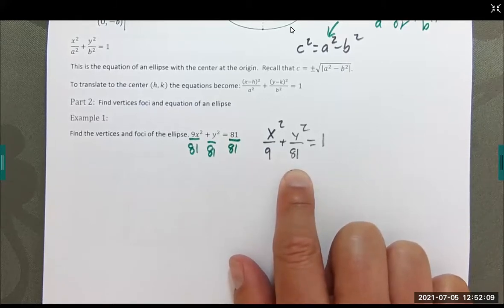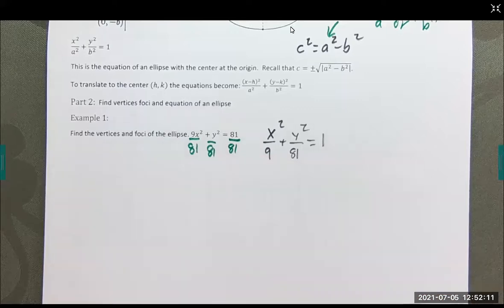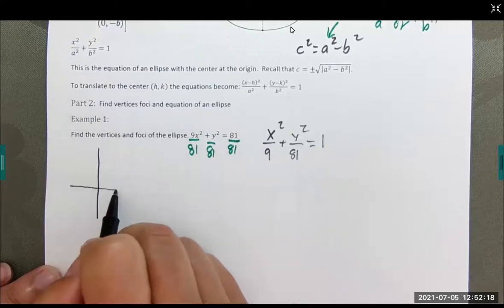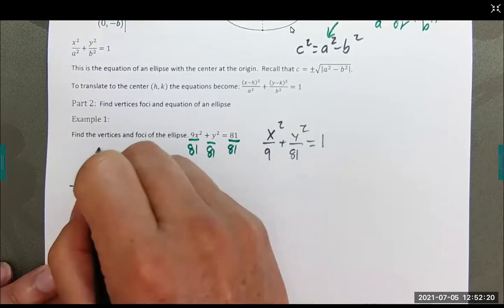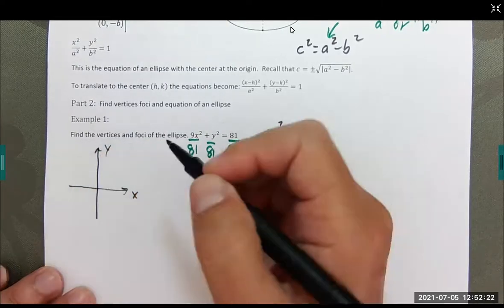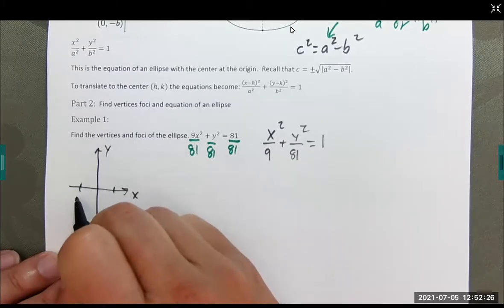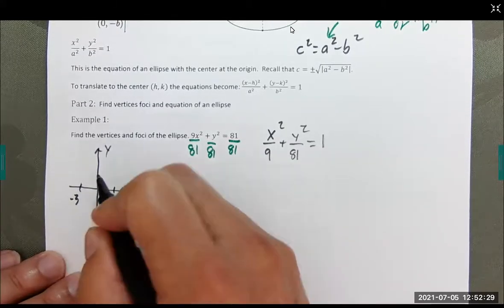So we know that we are going to be going a distance, if we were to graph this, just real quick, we don't have to graph this particular one. In the x direction, we're going 3. Here we're going 9.